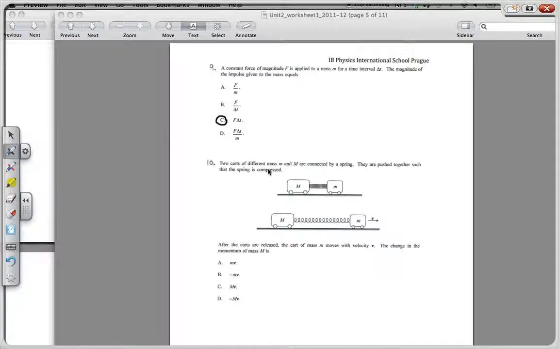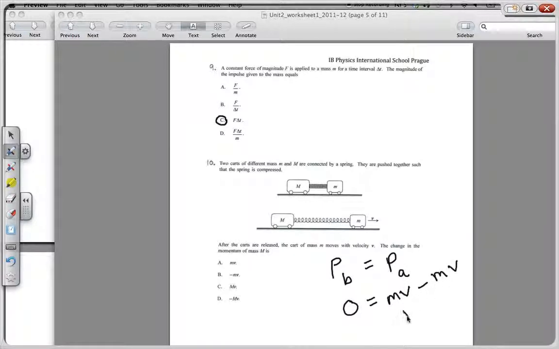Now, the thing that's important here is that you're going to get conservation of momentum. Conservation of momentum means that your momentum before, your P before, is equal to your P after. If there was zero momentum before, then your momentum after, if you've got mv, is going to be equal to minus another mv.